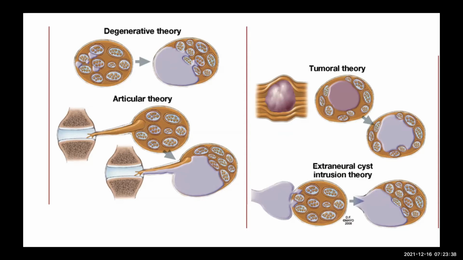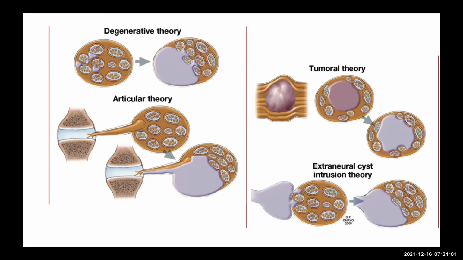And this is from Dr. Spinner from the Mayo Clinic, who did a lot of significant work on this topic and wrote several papers on it. And this is their paper where they decide that the articular theory is the one that unifies everything and makes the most sense. So it is a benign ganglion cyst.